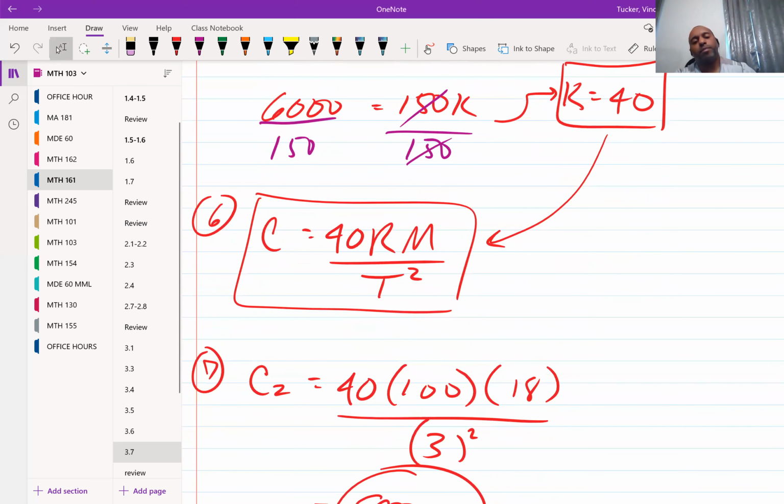Okay, now the second step. We don't know what the centrifugal force is, but they gave us all the other pieces. So we go ahead and plug that in.